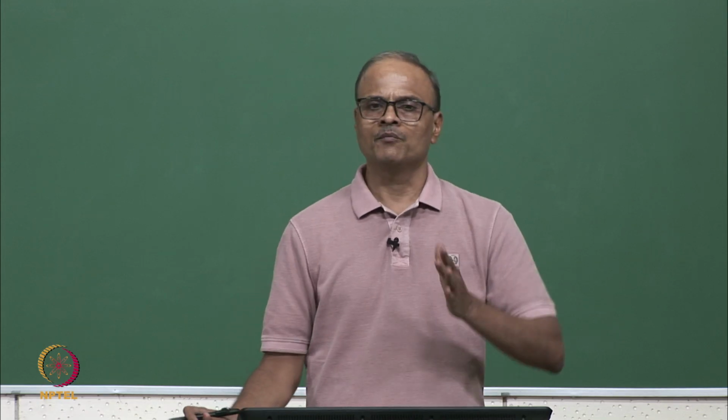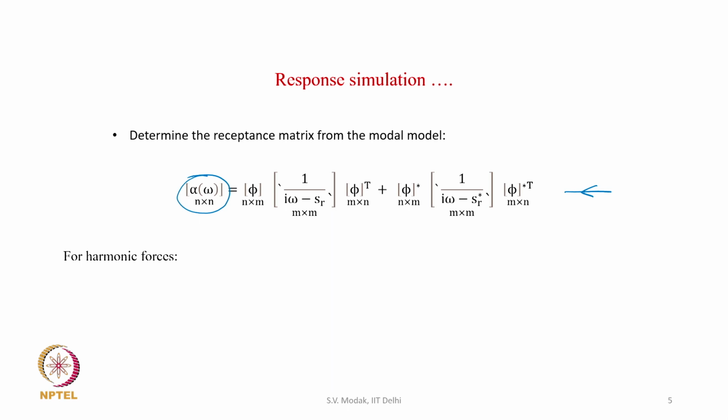If the forces are harmonic, of some frequency omega, and represented by vector f, then the response x can be obtained by this relationship between the response x, the receptance matrix alpha, and the force vector f, which we already studied.